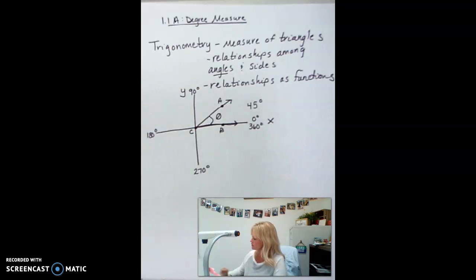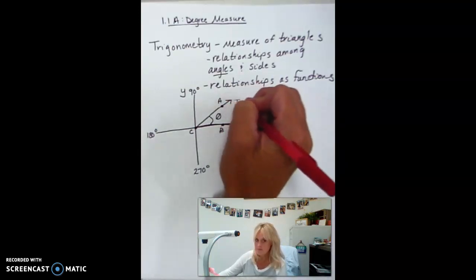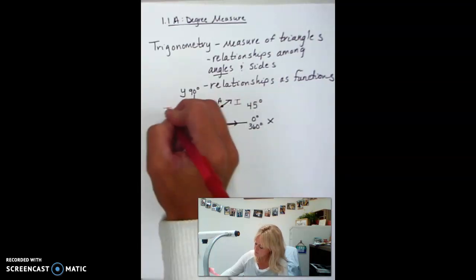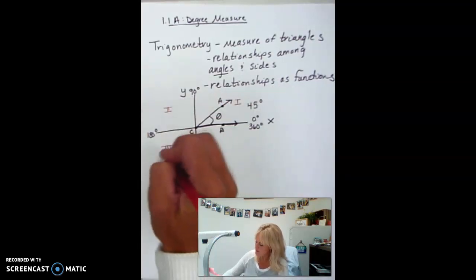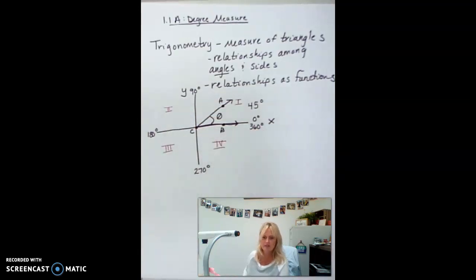We also know our quadrants. This is quadrant 1, 2, 3, and 4. Notice I've labeled them with Roman numerals versus numbers, and that's how you should correctly label them also.